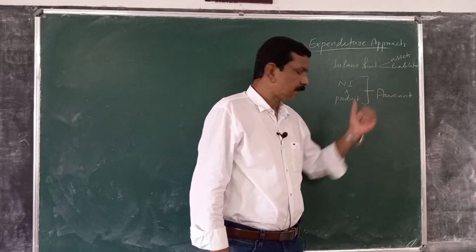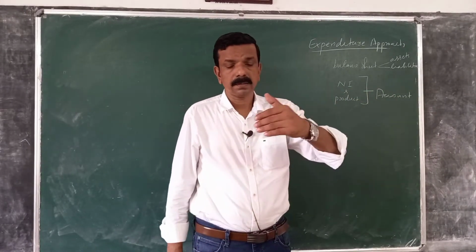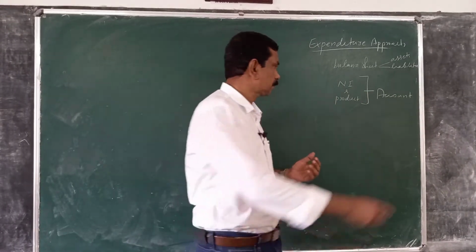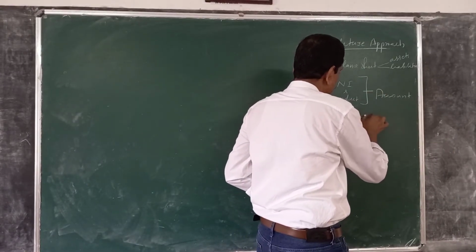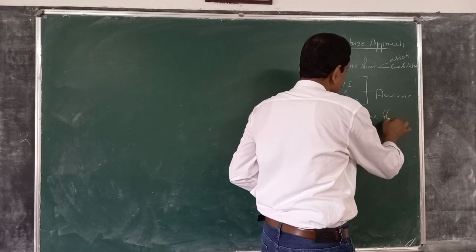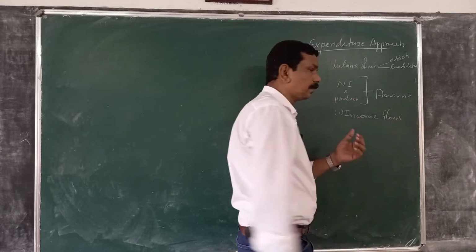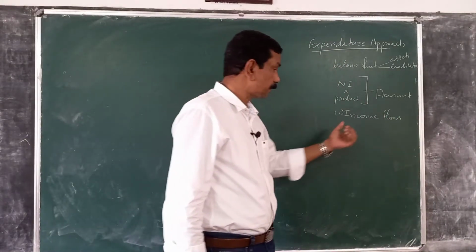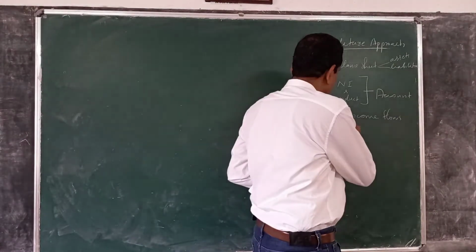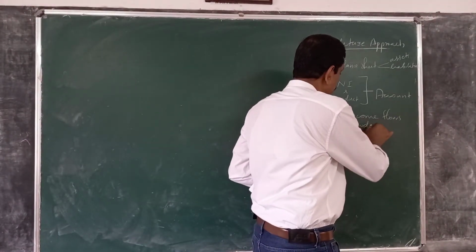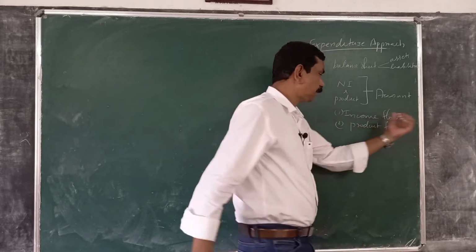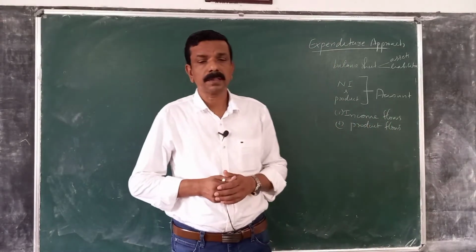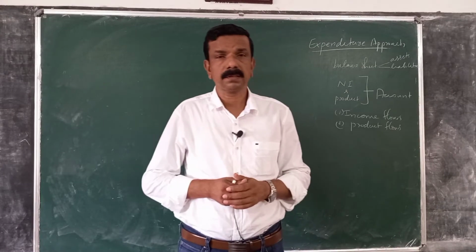Various income flows are listed on one side, and various product flows are listed on the other side.